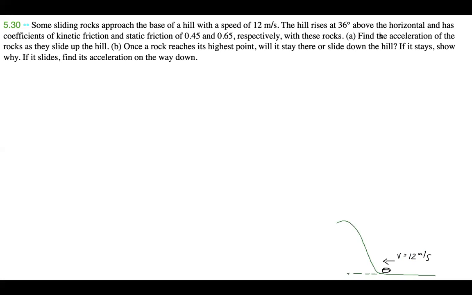And the hill rises up at 36 degrees above the horizontal. And we know that the coefficients of kinetic friction is 0.45 and static friction is 0.65. So what we want to do is find the acceleration of the rocks as they slide up the hill. I guess there are multiple rocks, all three of them moving together, apparently. I don't know why they do that, but let's just say they are.